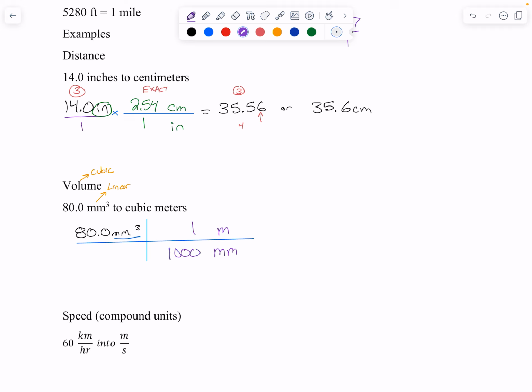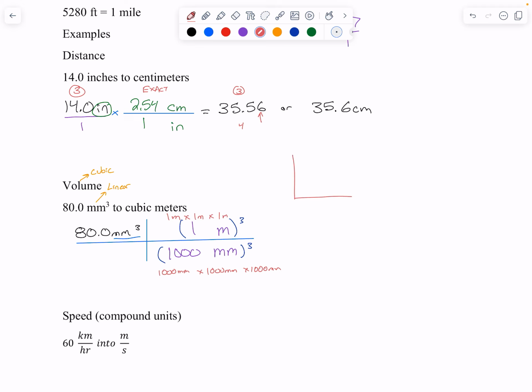However, these have to be cubed, because technically it's 1,000 millimeters by 1,000 millimeters by 1,000 millimeters over 1 meter times 1 meter times 1 meter.